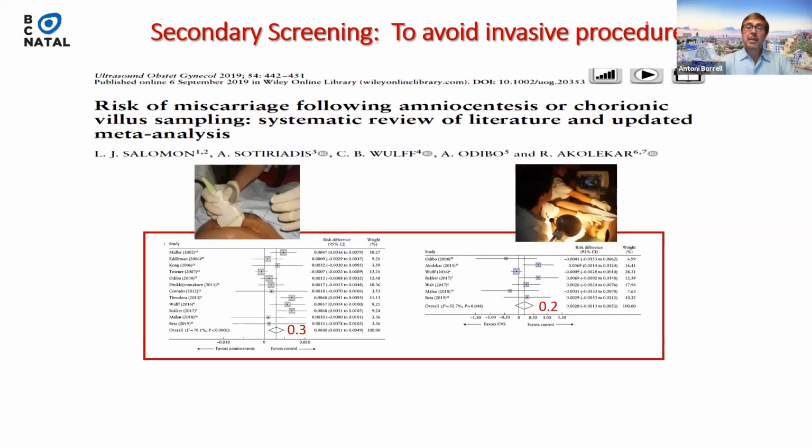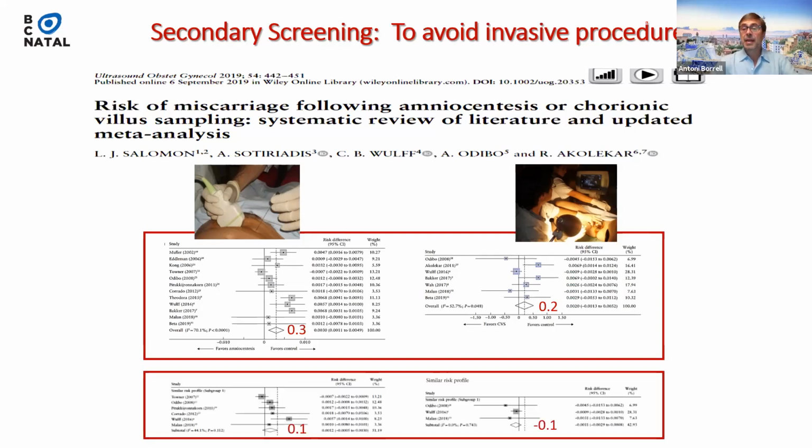However, fetal loss rate that was quoted 1% during many years has been recently analyzed by different meta-analyses and now is about or up to 0.3%. Minus 0.1 cannot be. I mean, this is like an artifact, but definitely it is lower than years ago, and it's clear to understand because the machines are better and we are better also with the needling.